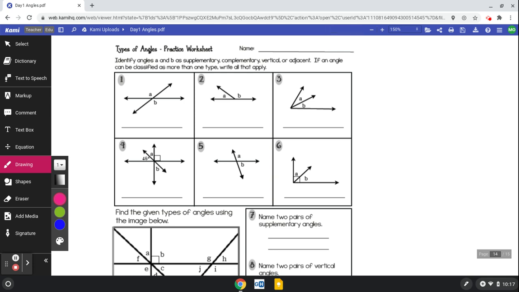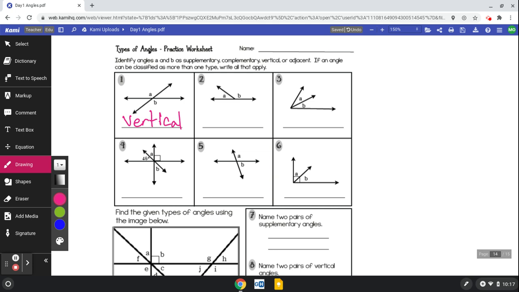Now, some of these can be more than one type of angle. Some of these are only going to be one type of angle. So you kind of have to first look. Like 1. Well, they're across from each other. So that tells me right away that this one is vertical. Do I know any measurements? No. So I can't tell you if it's supplementary or complementary.